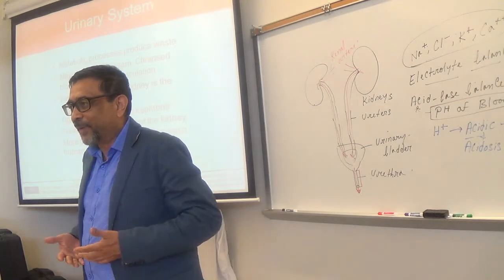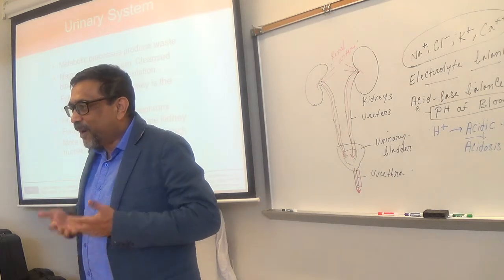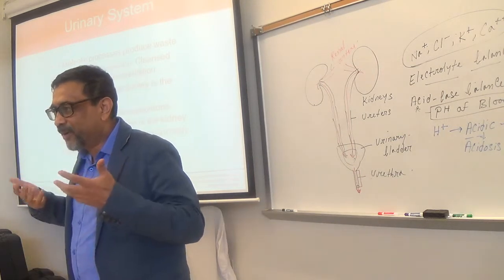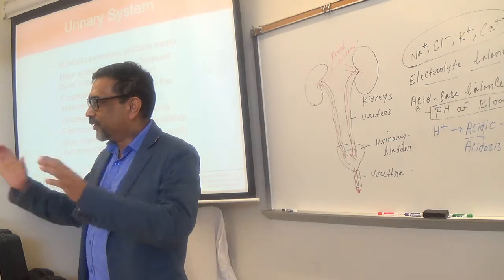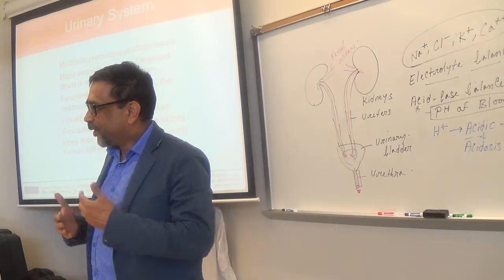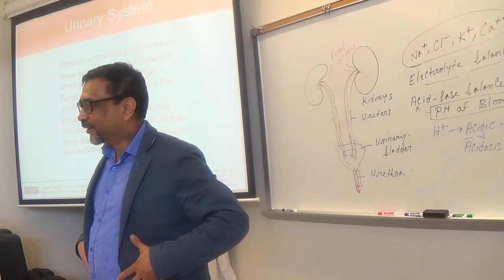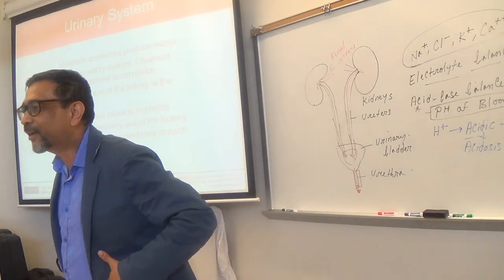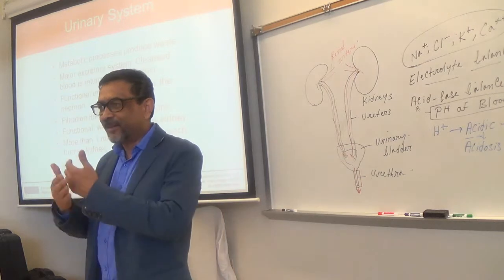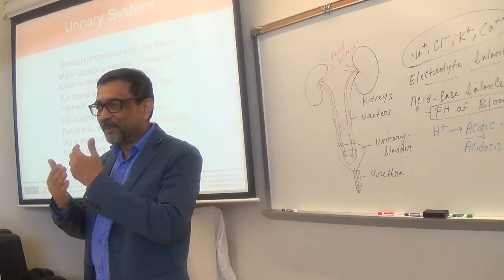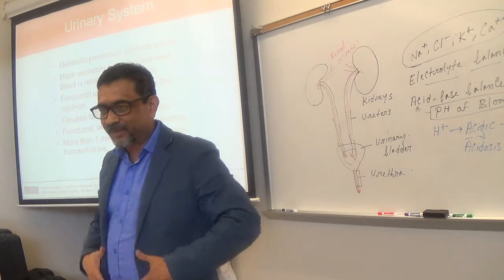So what will happen? Blood volume will go up, right? Water volume will go up. So if water volume goes up in the body, water will accumulate in the interstitial spaces in the tissue, right? That will cause what? Edema. Have you heard that? Edema, accumulation of fluid, excessive fluid in the tissue.